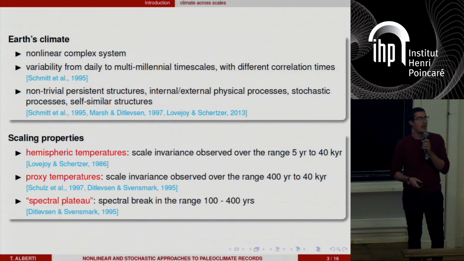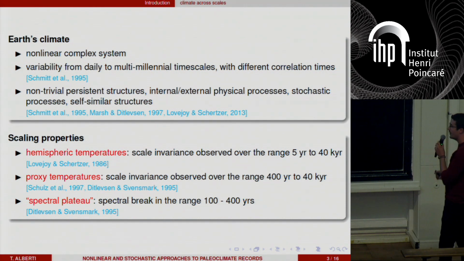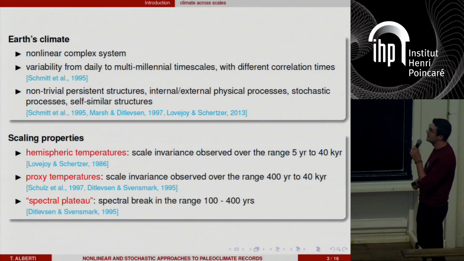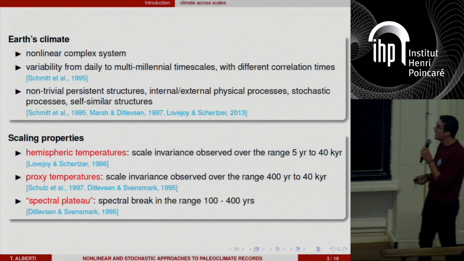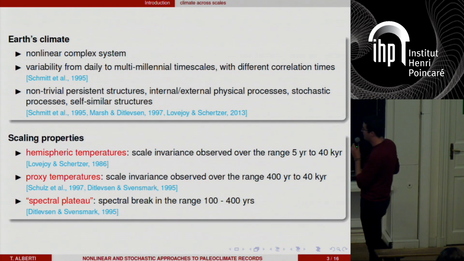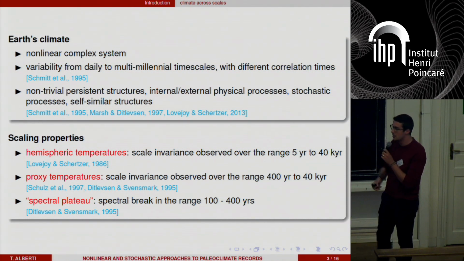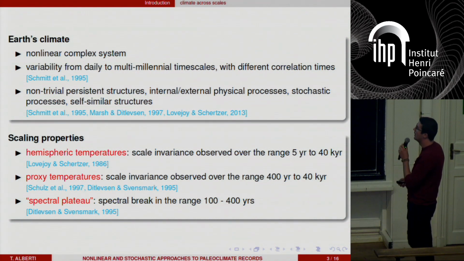For example, by investigating hemispheric temperatures, scale invariant properties have been found over a wide range of scales, and this scale invariance has also been observed in proxy temperature and in different reconstructions obtained, for example, from ice cores, which was presented by Michel this morning.